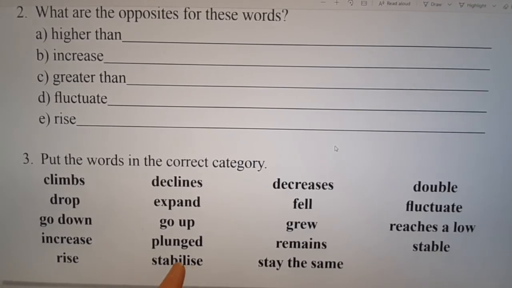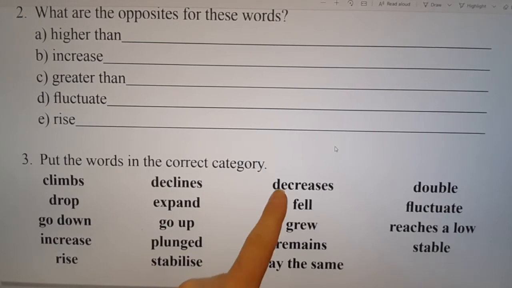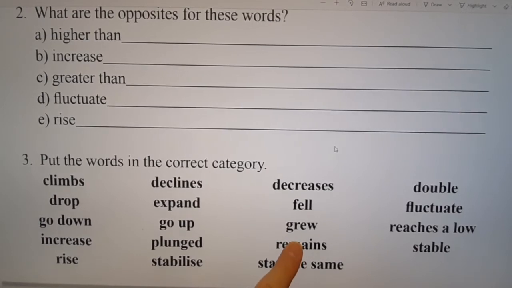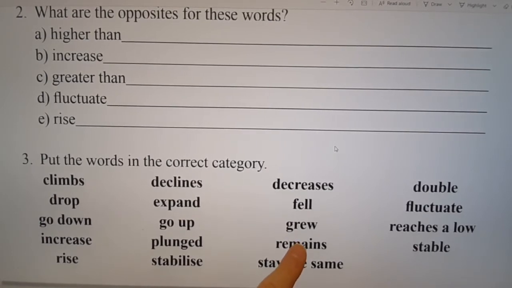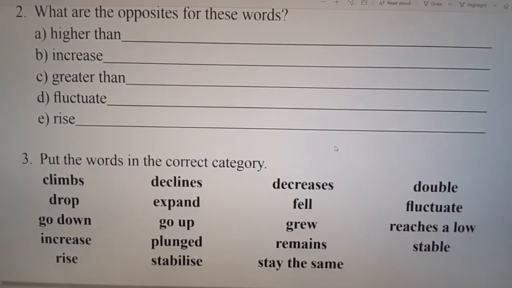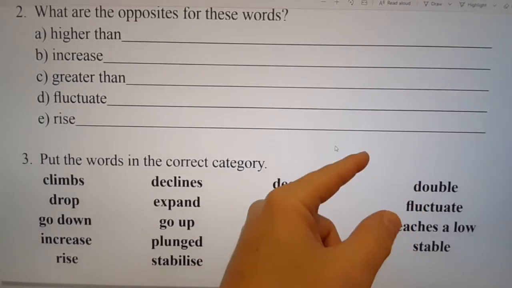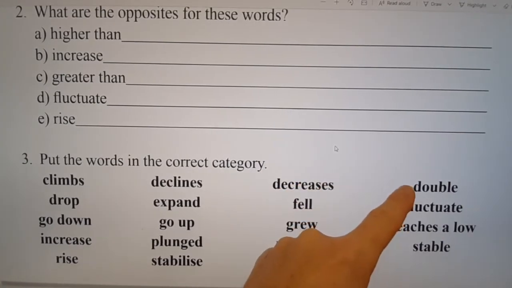Stabilize, okay? Stabilna, stabilacja. Decrease, fell, grew, and remains, okay? So we know that remains is the opposite of fluctuate or stabilize, okay? To stay the same right here. All right, we can say also to double, okay? Double is 2 times, dvojnásobné.